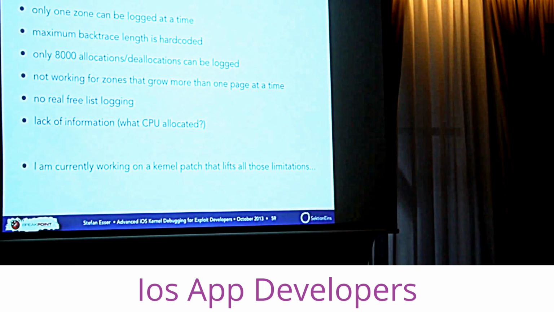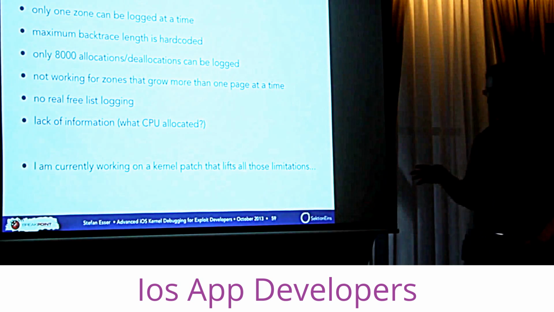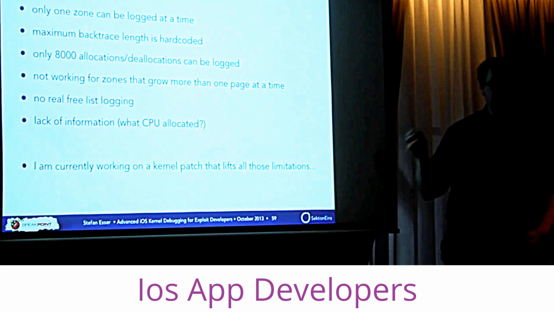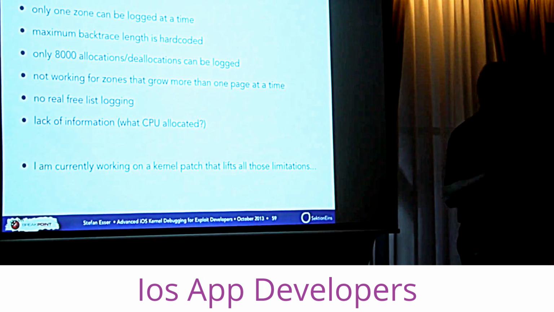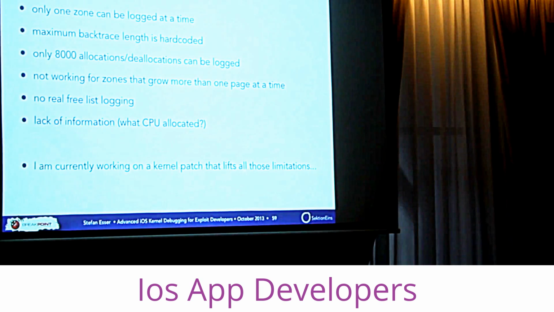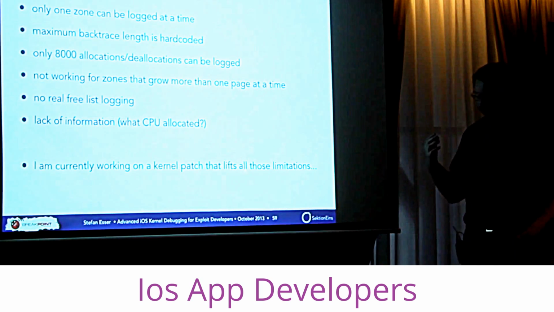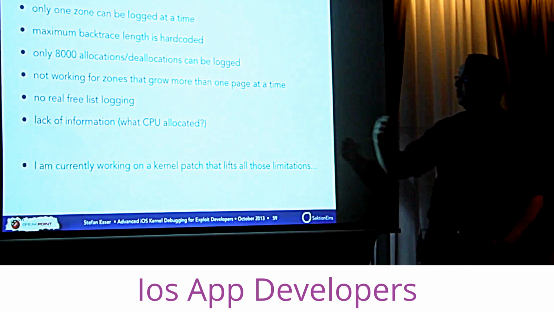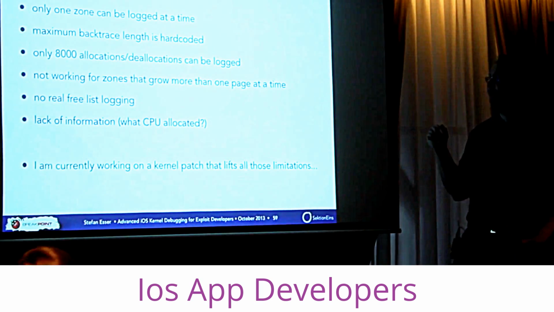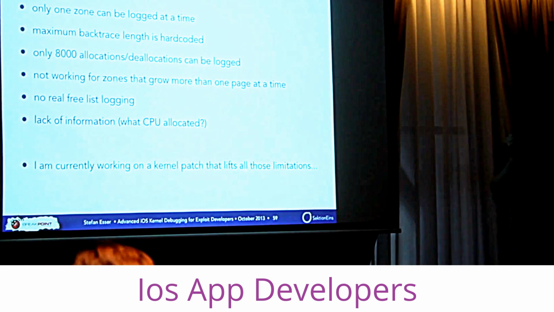So what I'm working on is a kernel patch, very similar to the stuff I used to patch new features into KDP. I patch a new system call in there that allows me to activate and deactivate my own kernel logging. There are a few limitations I want to lift. For example, at the moment you have a backtrace of 15, which is okay in most cases, but sometimes it's not good.